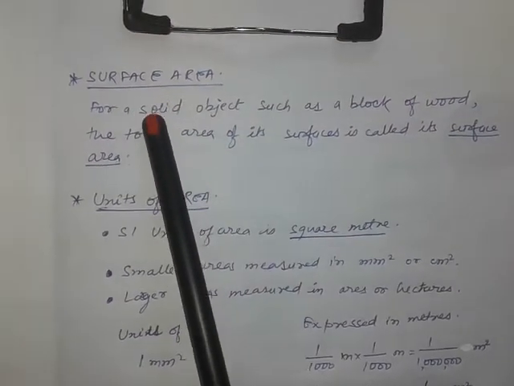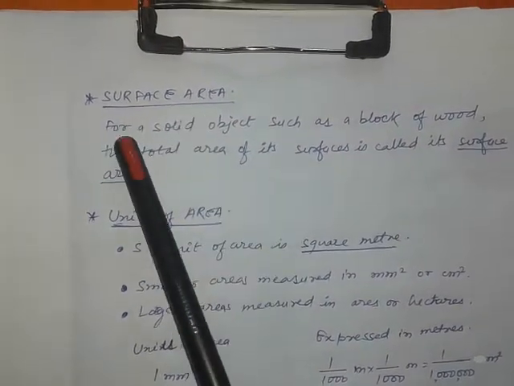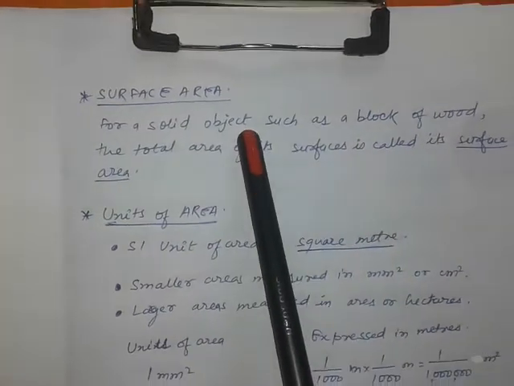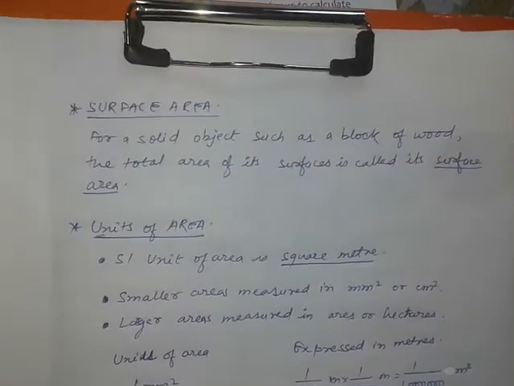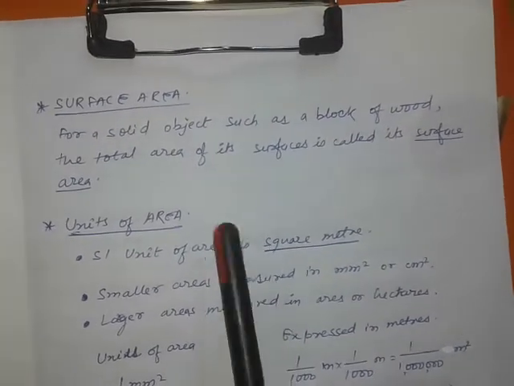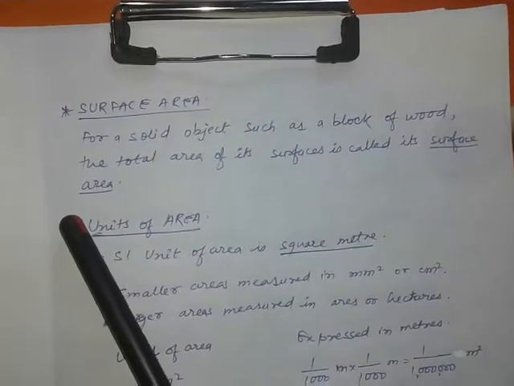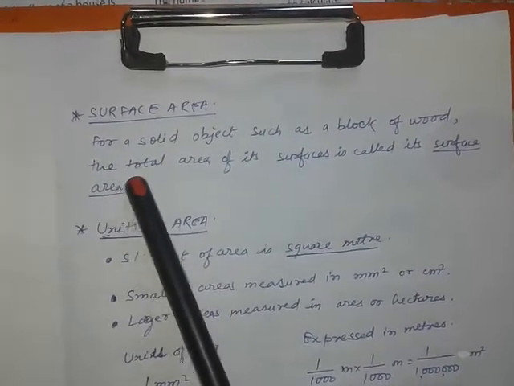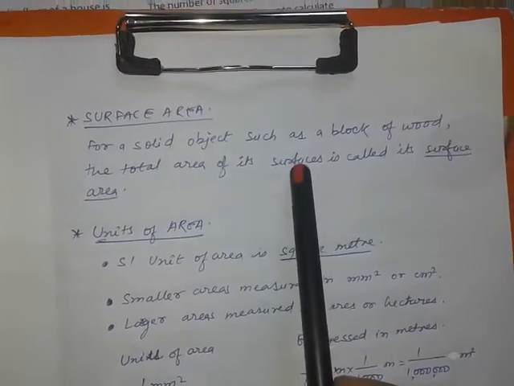Now one more term comes to us, surface area of a solid object. A pen is a solid object, this whitener is a solid object. For a solid object such as a block of wood or your pencil box, it is the total area of its surfaces.